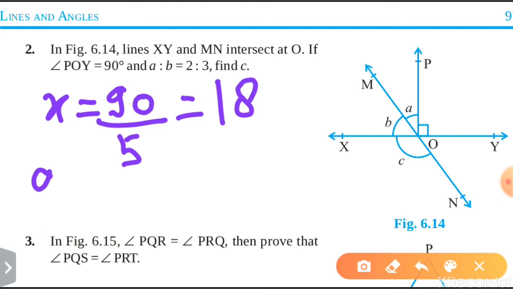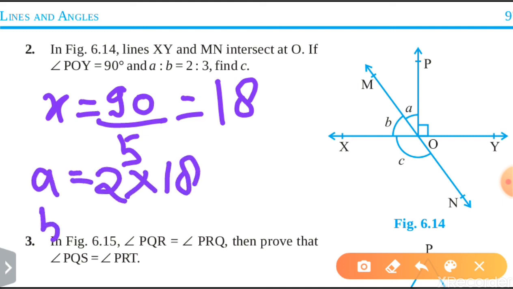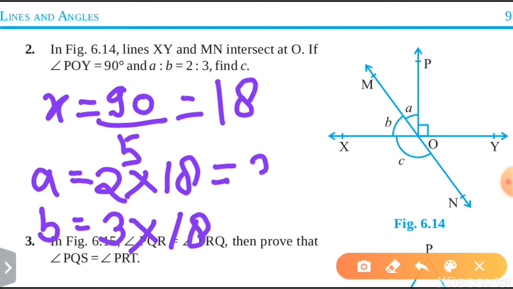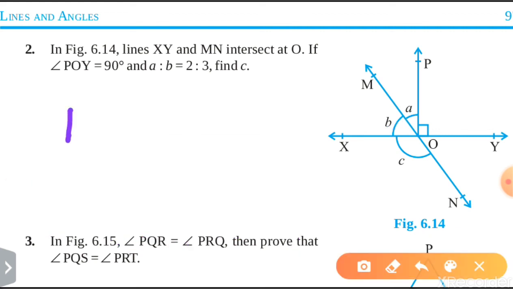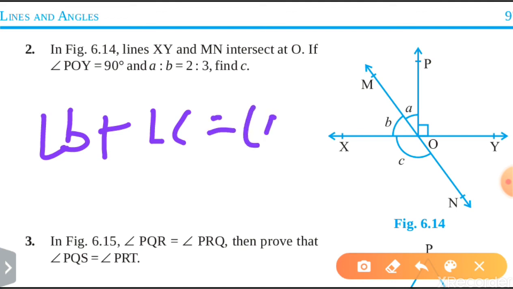So A is equal to 2 into 18 and B is equal to 3 into 18. 18 twos are 36, and 18 threes are 54. So these are the two angles A and B we found. Now we have to find out the value of C. You can see that angle B and angle C are in a linear pair. So we can write angle B plus angle C is equal to 180 degree because these are a linear pair.